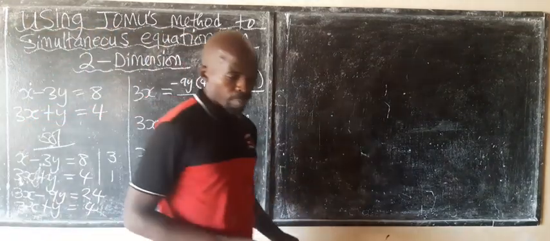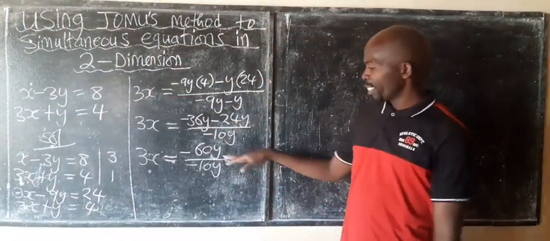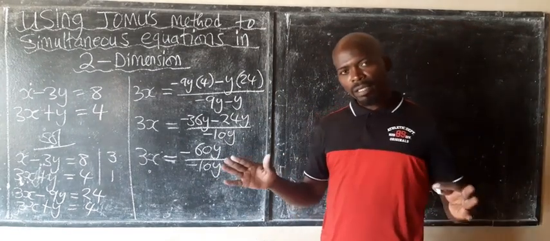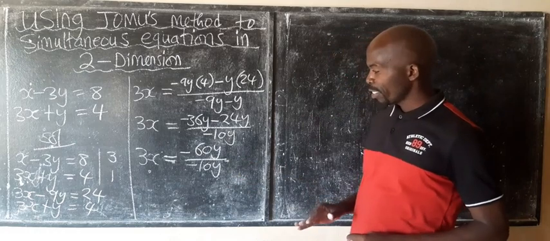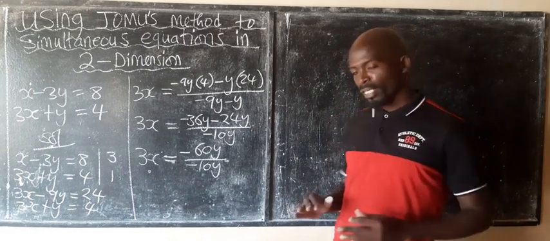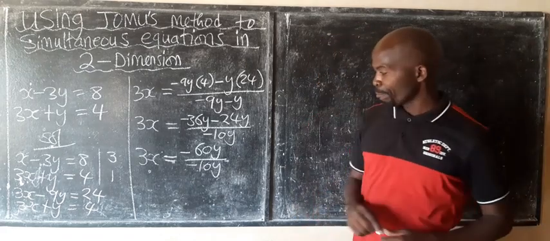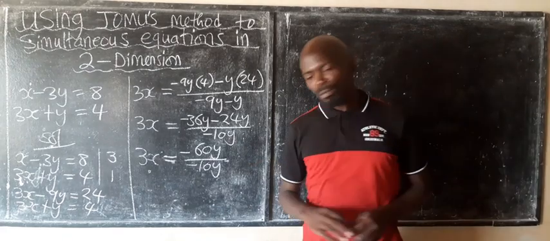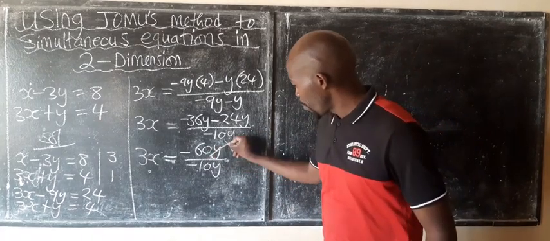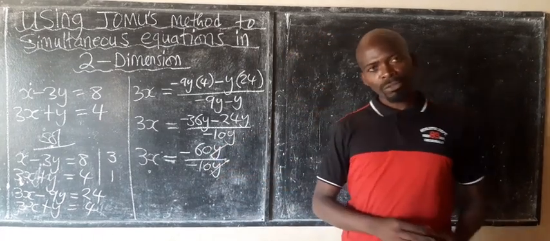At that particular point, you check that negative 60 and negative 10y can be divided, because 60 is exactly divisible by 10. Also, y needs to cancel, so y and y cancel.